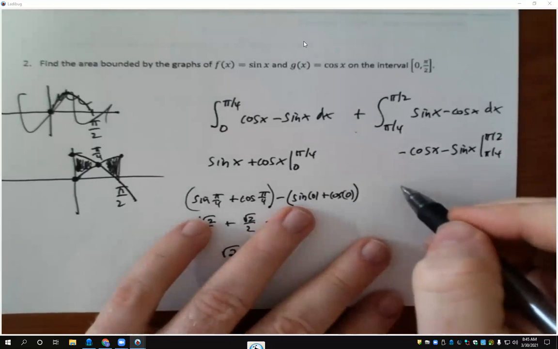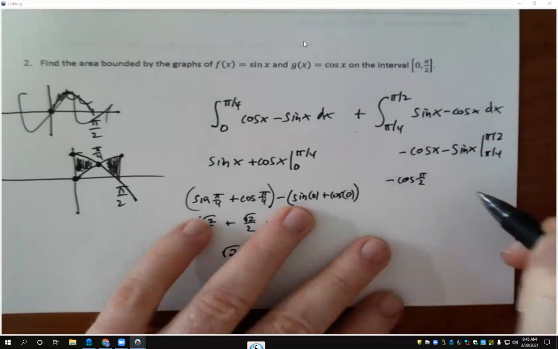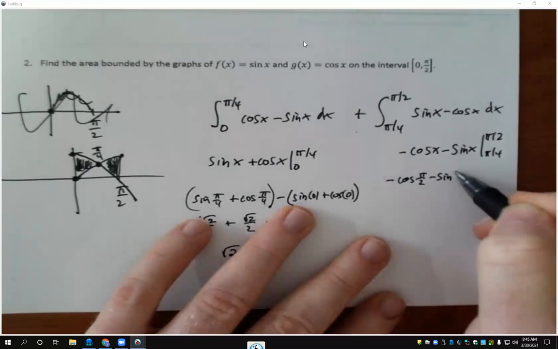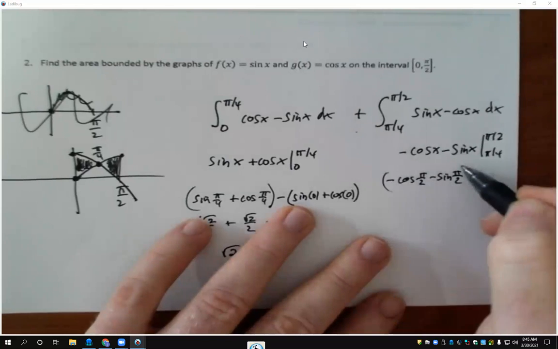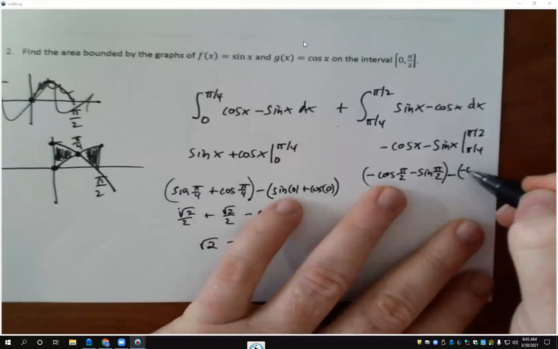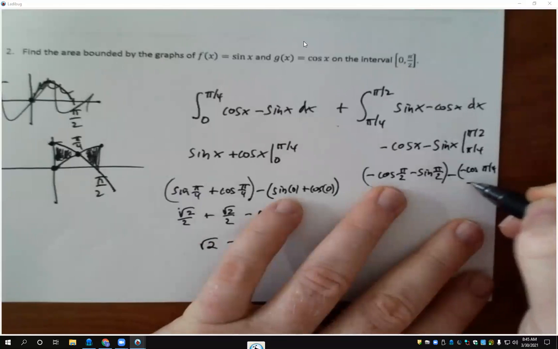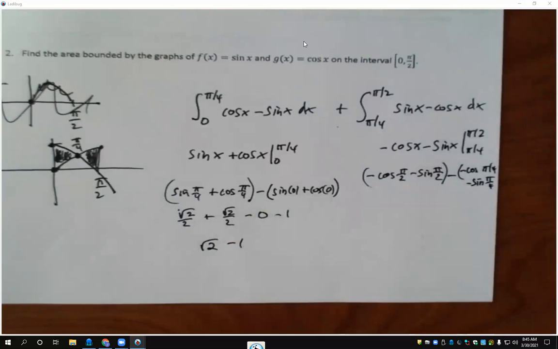So fundamental theorem of calculus part 1 would be negative cosine of pi over 2 minus the sine of pi over 2, minus negative cosine of pi over 4 minus the sine of pi over 4. Kind of got scrunched there at the end.